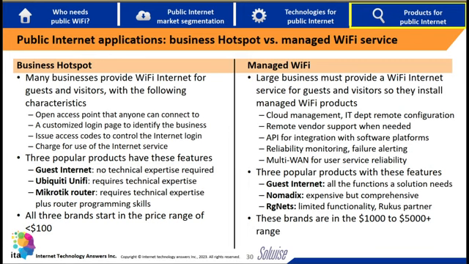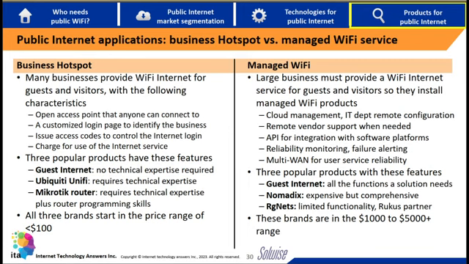The larger businesses, the hotels, resorts, casinos, that type of location, they're looking for services much above the business hotspot. For example, cloud management. They want remote vendor support. They want an API for integration with their systems. They want to be able to monitor the reliability of their network, alert for failures, multi-WAN, that type of thing.